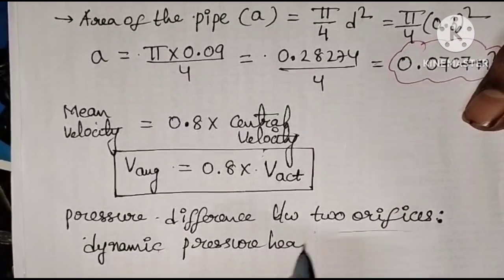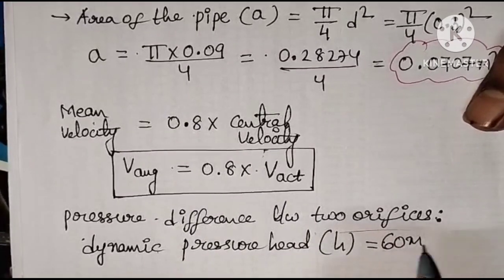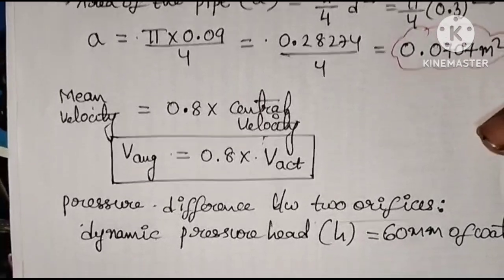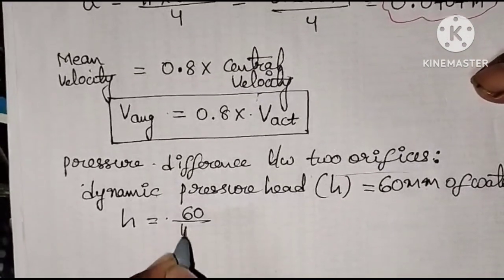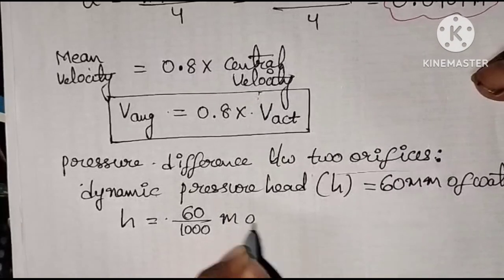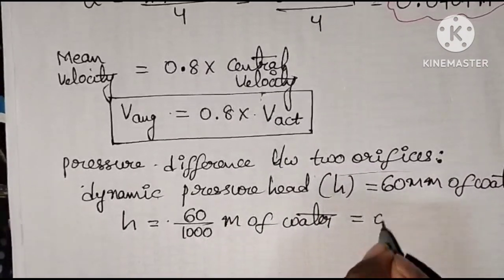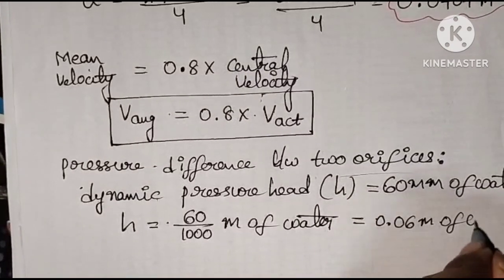So dynamic pressure head H is equal to 60 mm of water. 60 mm means 60 by 1000 meters of water, which is 0.06 meter of water.